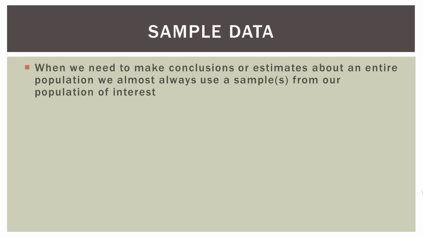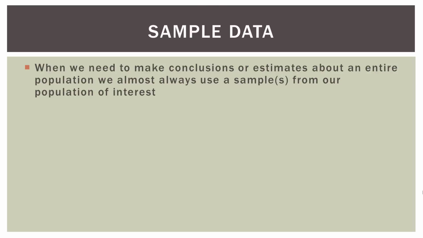Okay, let's talk about sample data. When we need to make a conclusion or an estimate about an entire population, we almost always use a sample or multiple samples from our population of interest. So in our light bulb example, we're going to test a certain number of bulbs out of the 20,000 to make our conclusions and estimates about the entire population of 20,000.